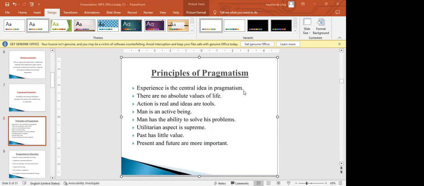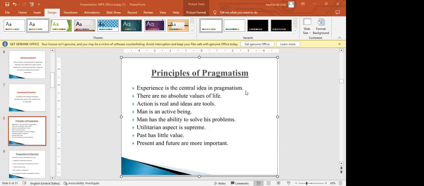Action is real and ideas are tools. This pragmatic principle places emphasis on the practical implementation of ideas and the tangible outcomes of actions. It suggests that ideas and theories gain their significance and value through their effective application in the real world. According to this viewpoint, ideas alone are insufficient without corresponding action.